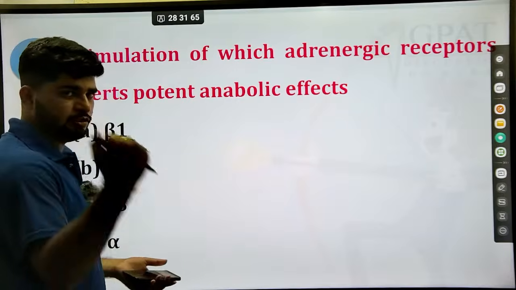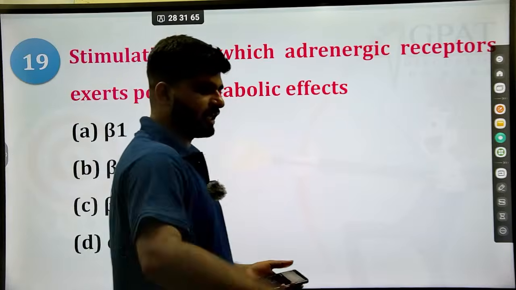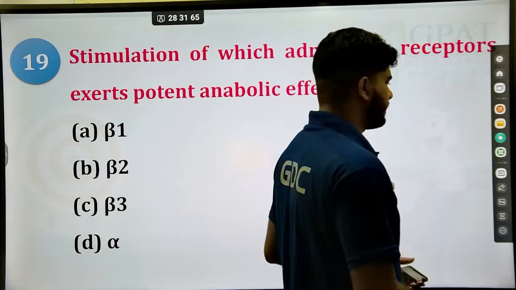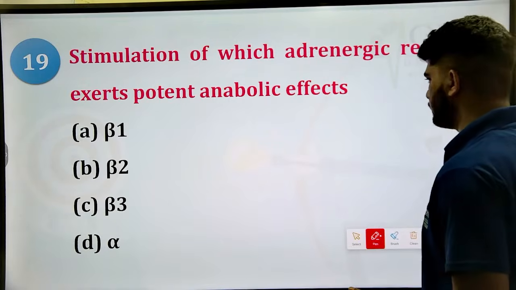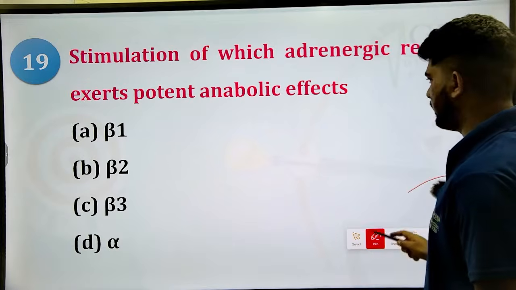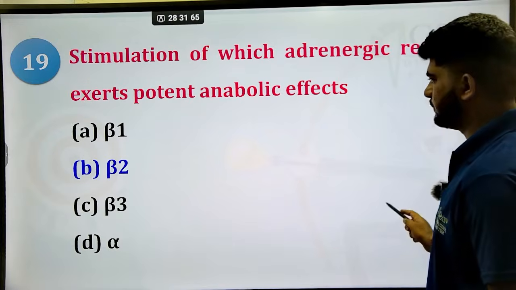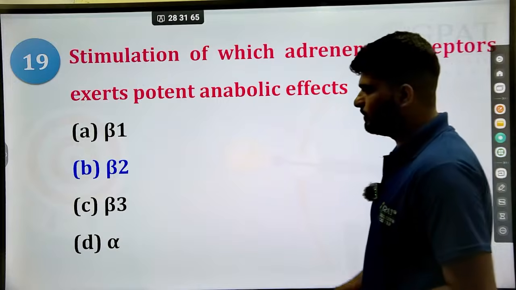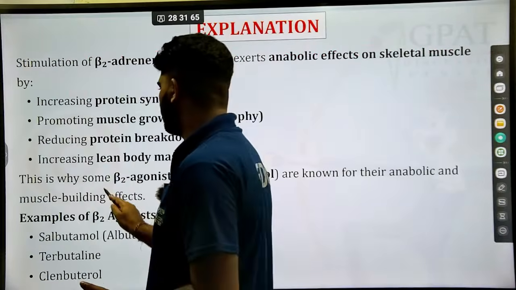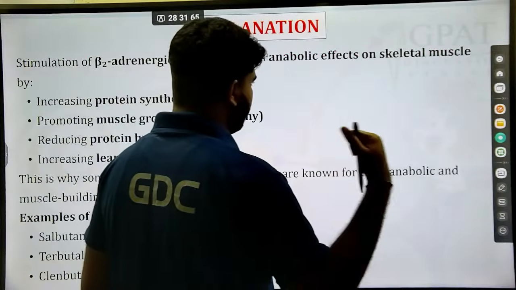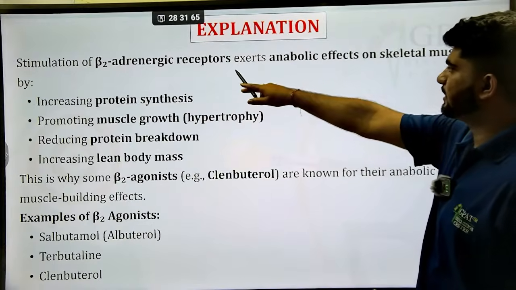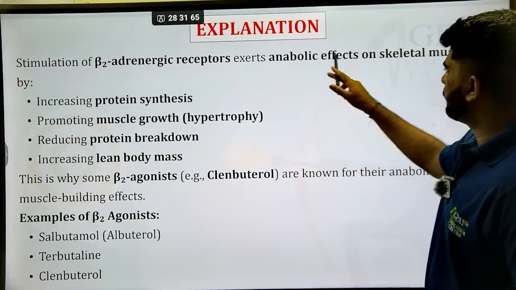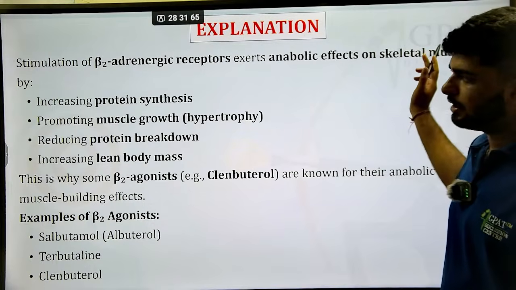Anabolic, muscular, building of skeletal muscles, right? That is your beta 2, because this beta 2 receptor is present in your skeletal muscles. Stimulation of the beta adrenergic receptor exhibits anabolic effect in the skeletal muscles.